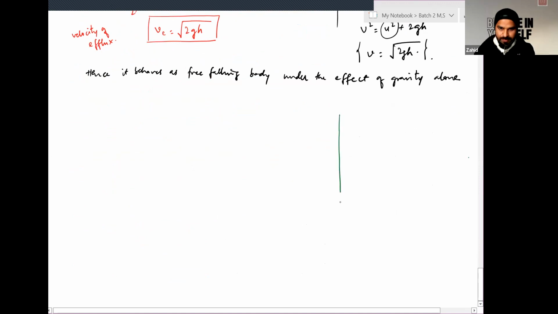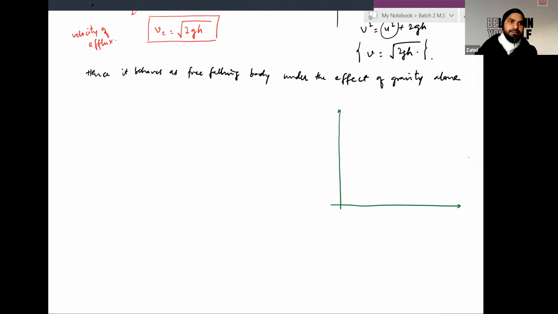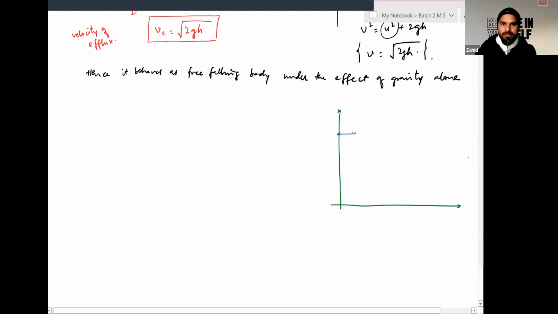So just consider this is the vertical line, horizontal line, and the liquid having velocity VE along horizontal. So it may acquire this trajectory to hit at this point.